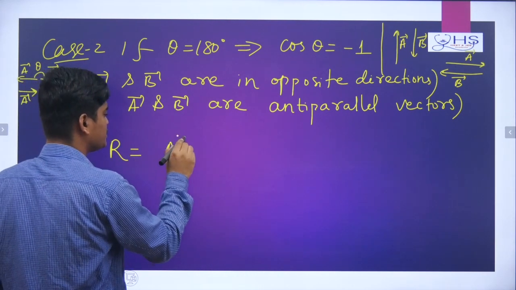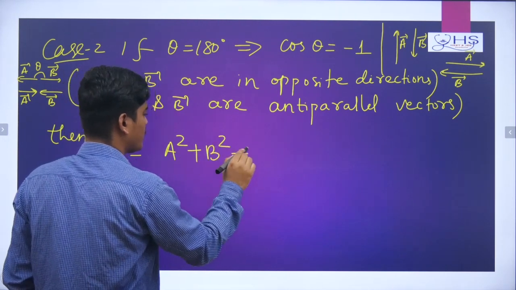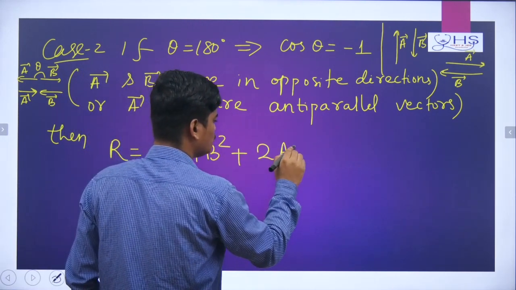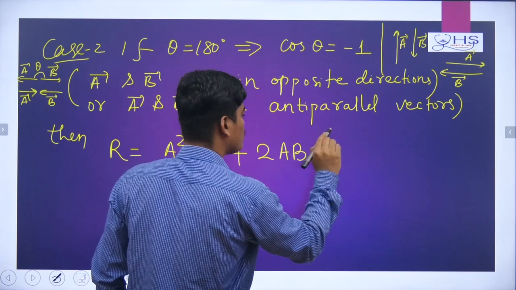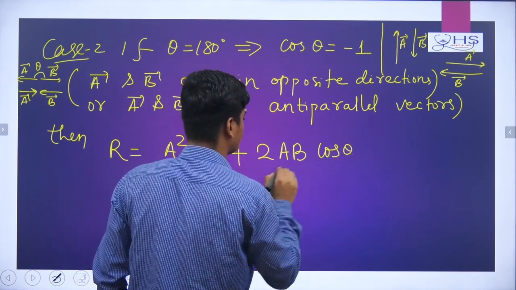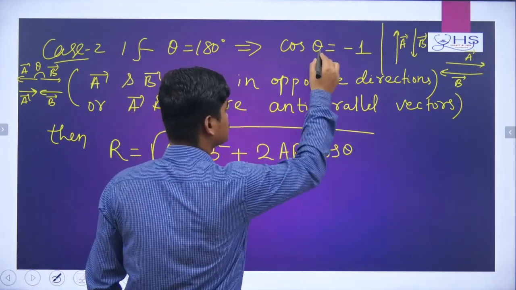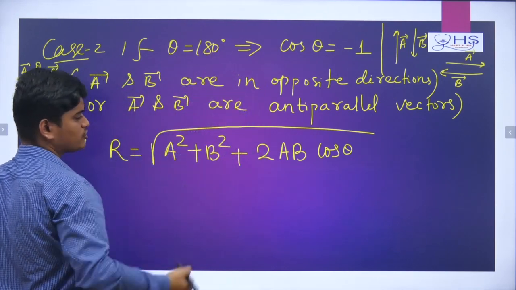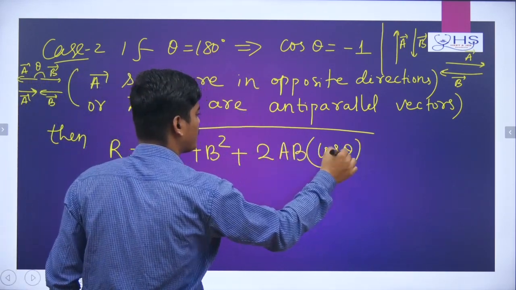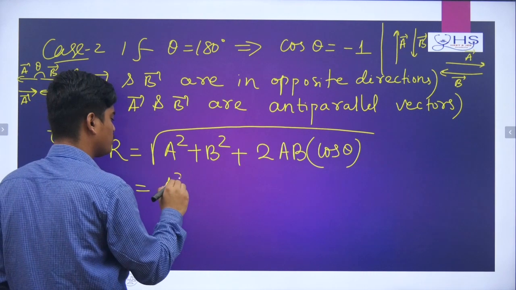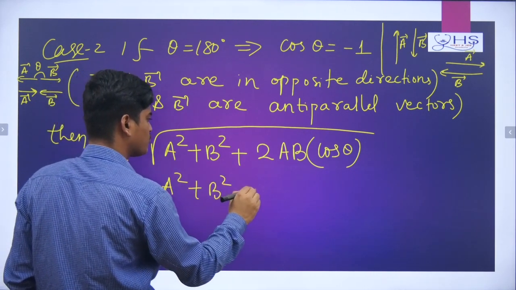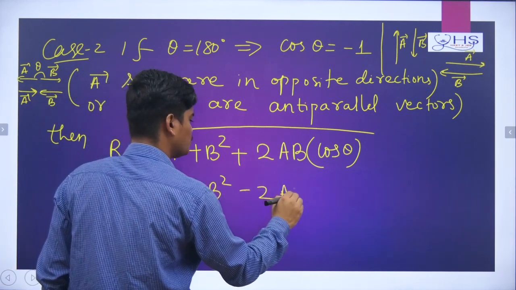Now resultant is nothing but square root of A square plus B square plus 2AB cos theta. So cos 180 is how much? If theta is 180, then cos 180 is minus 1. So this term will become minus 1. If this term is minus 1, it will become square root of A square plus B square minus 2AB.